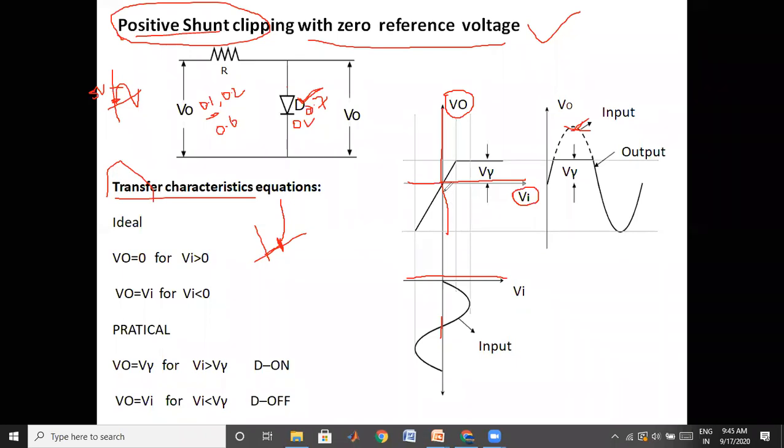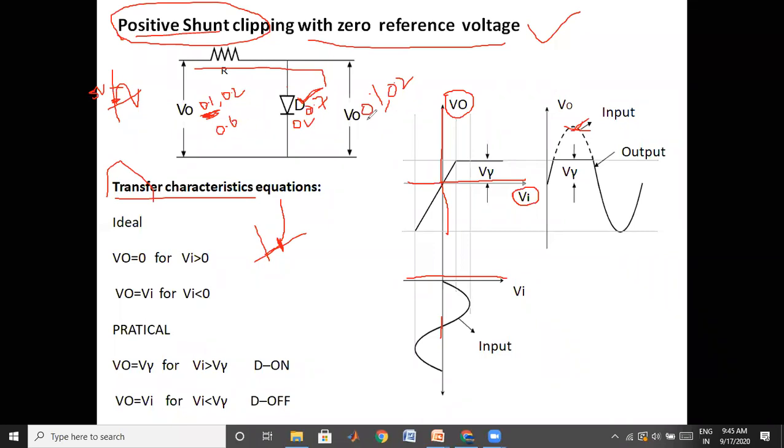Therefore, if we observe the transfer characteristics, what about your output voltage? When the diode is off, whatever the input is, it will appear at the output terminal. If we apply 0.1 volts at the input, the output is 0.1 because the diode is in the off state. When we apply 0.2, the output will be 0.2.